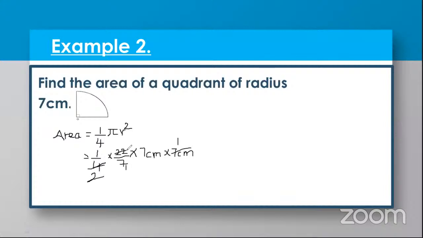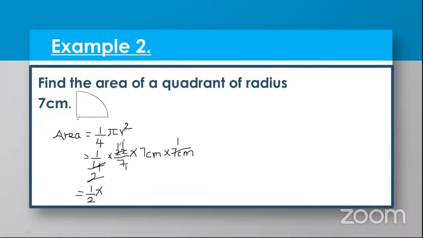Then 22 divided by 2, what do you get here? Get 11. Good. Then you continue now. Here you remain with 1 out of 2. That is very important.